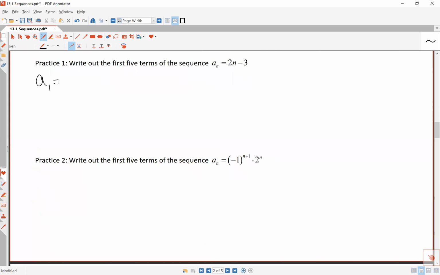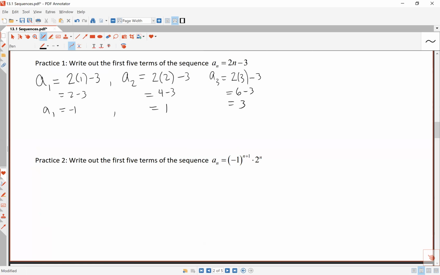The first term in the sequence is found by setting n equal to 1. The second term in the sequence is found by setting n equal to 2, which gives us 1. The third term in the sequence is found by setting n equal to 3, which is 3.